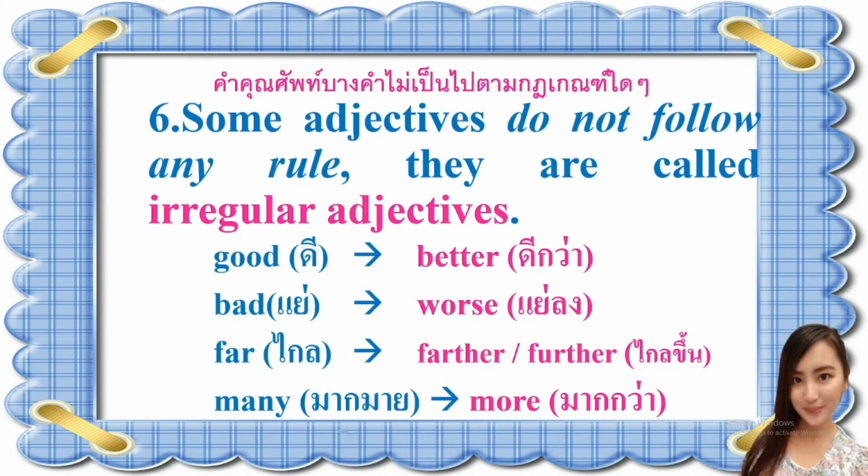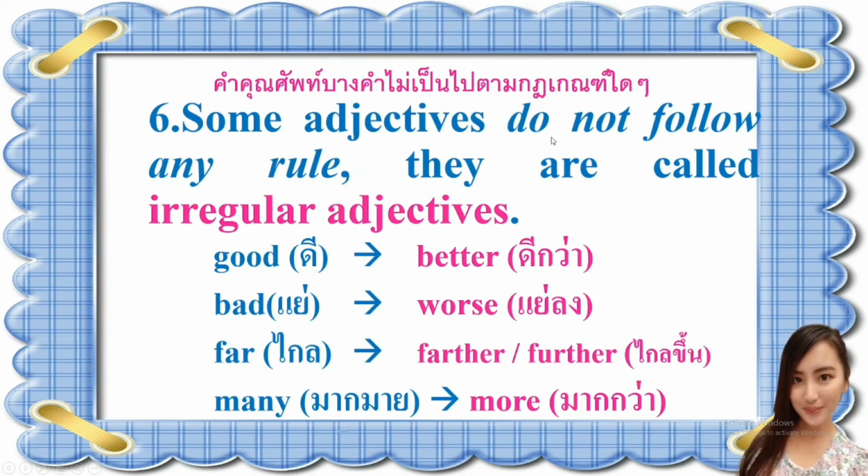Okay, next. This is the last one actually. Some adjectives do not follow any rule. They are called irregular adjectives. They don't follow any rule in changing from the adjective to the comparative form.